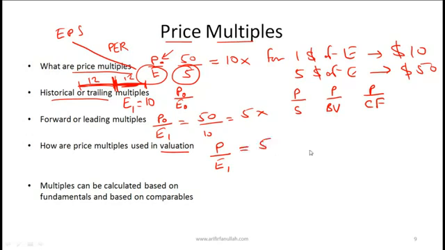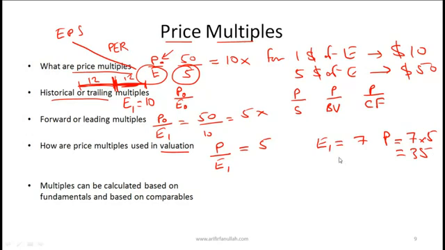Now if this company is very much like the industry in which it is operating, and the expected or forecasted earnings for this company equal $7 per share, then using this method we can say that the expected price, or what we would expect the company to be worth, is equal to 7 multiplied by the PE ratio, which is 5. 7 times 5, which is 35. So this is one way in which this method is used.